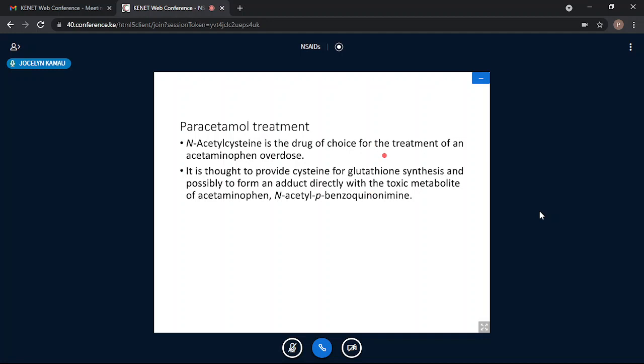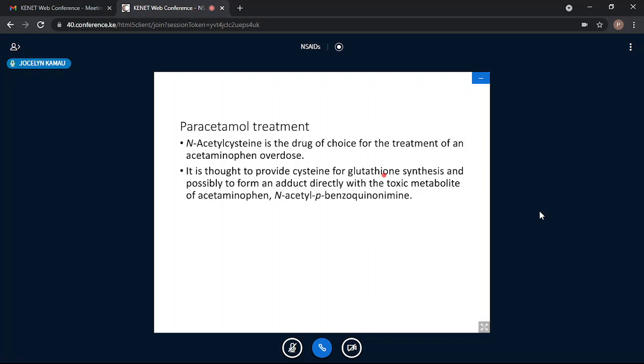There could be other methods, but those are the main ones which have been known, where it acts as a precursor for synthesis of glutathione.